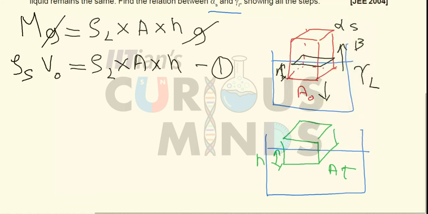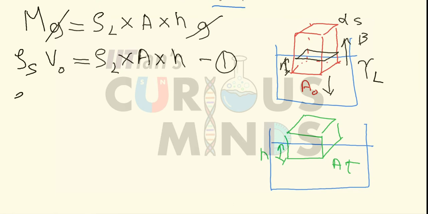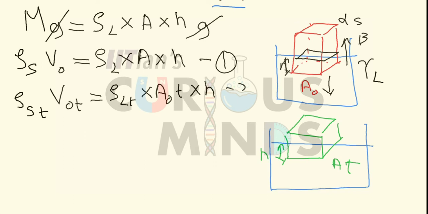So when I substitute, it will be equal to density of the solid at temperature T into volume of the solid at that temperature, equal to density of the liquid at that temperature into area A T into height h. Everything else will remain the same; the height will remain the same.